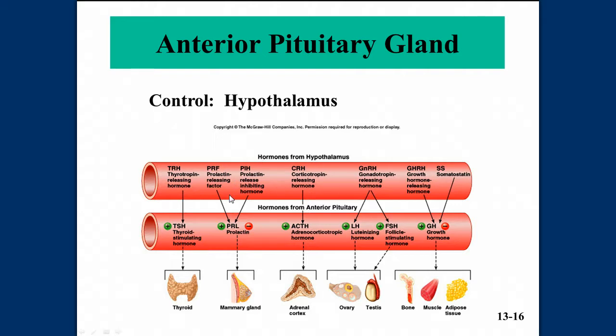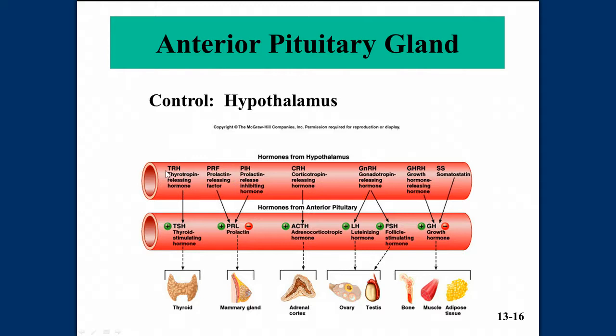This represents blood vessels in the hypothalamus where a hormone is released from the hypothalamus and then carried by blood vessels down to the anterior pituitary. The hormones released by the hypothalamus dictate what hormones are going to be released from the anterior pituitary. So here's an example.